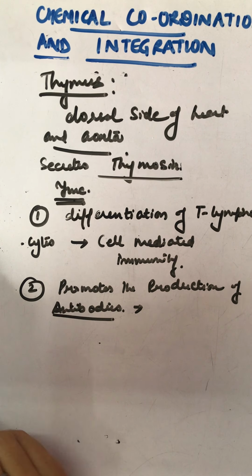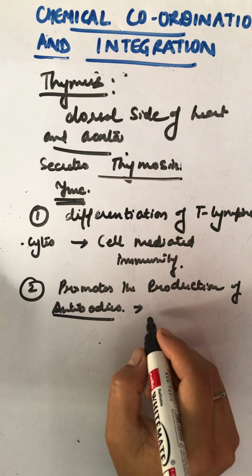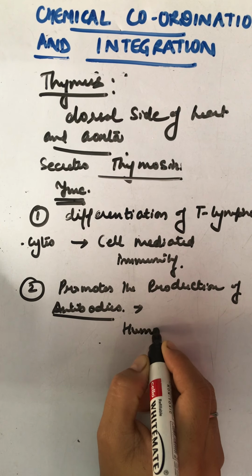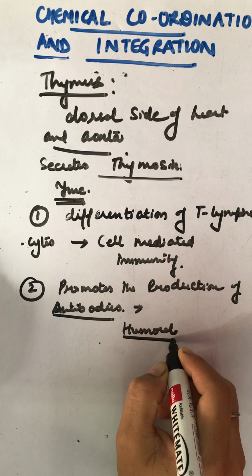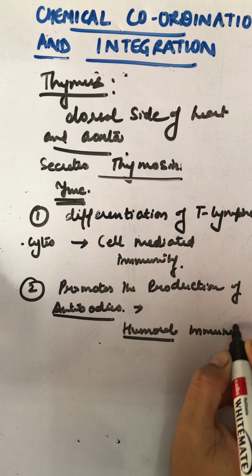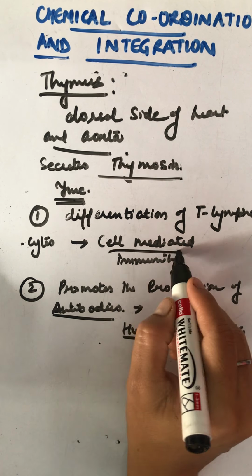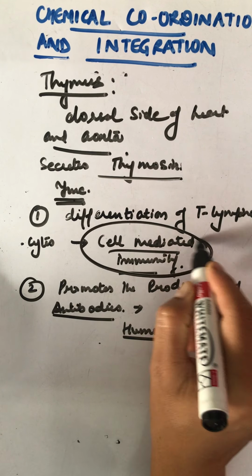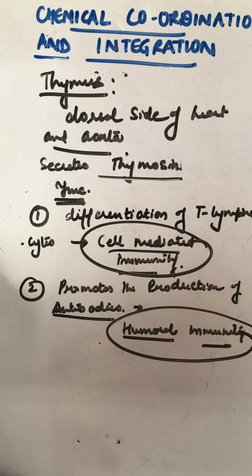Right? वो कौन सी इम्यूनिटी प्रमोट कर रही है? Humoral. Right? Humoral immunity. Cell mediated immunity by the T cells, humoral immunity by the B cells.